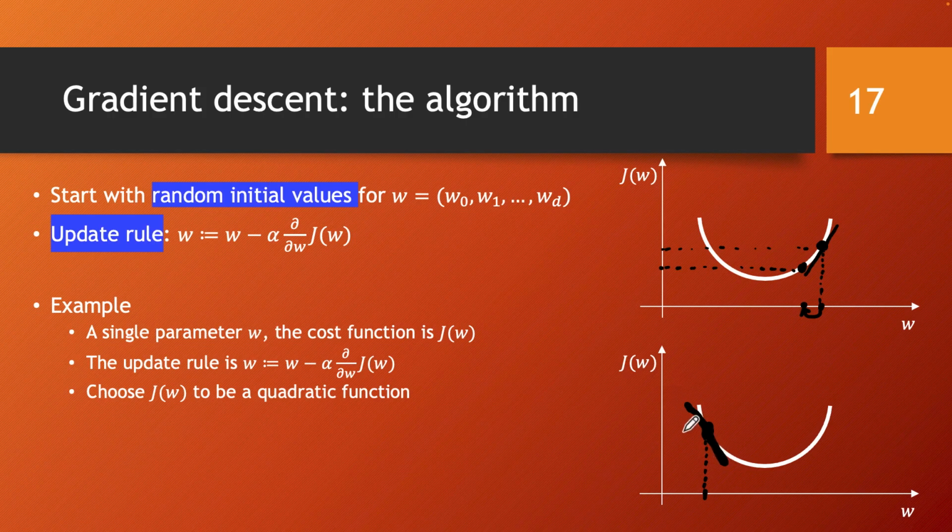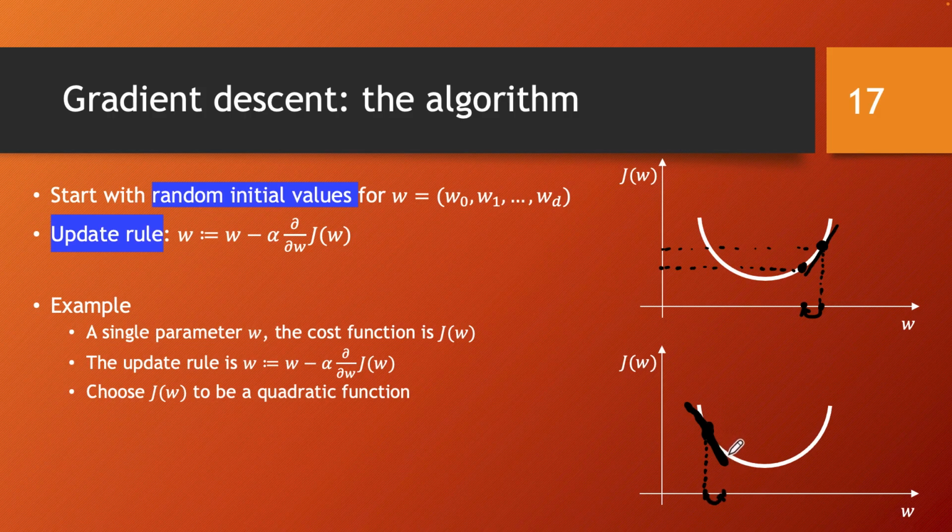This is a decreasing line. So the partial derivative in this rule is going to be a negative number. Alpha is always a positive number, so this product is going to be a negative number. And with a minus in front, that's going to give us overall an increase in w. So the gradient descent is suggesting that in this case, you are updating your value w to a larger value.